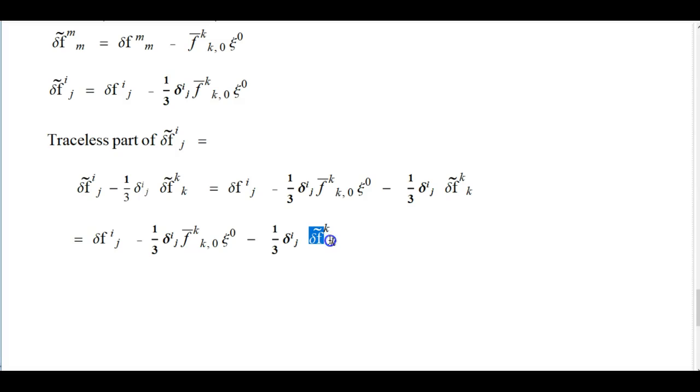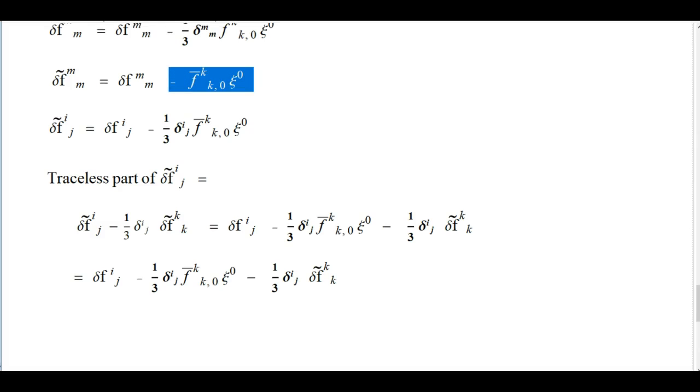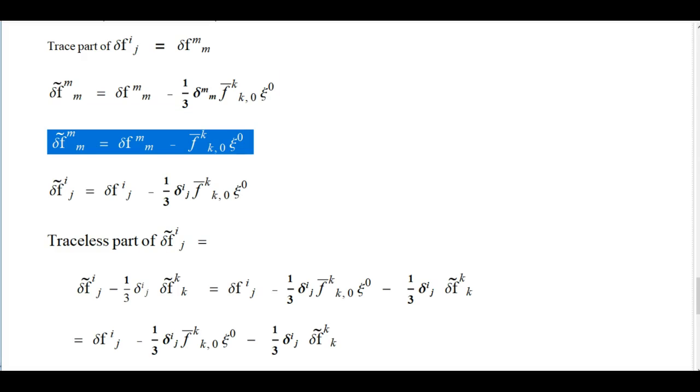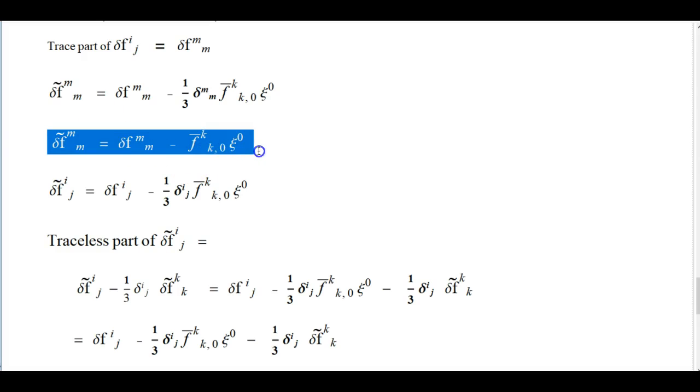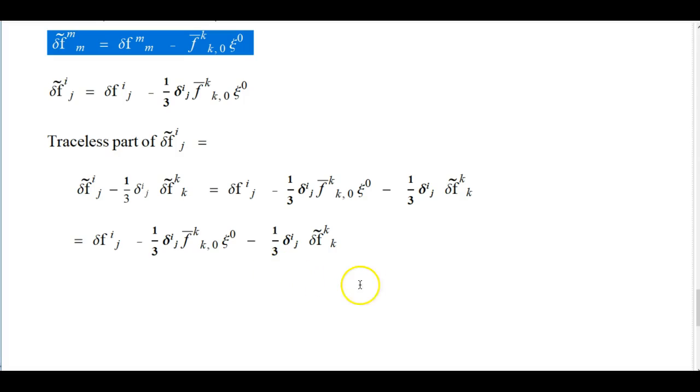So I need to put its value in gauge 1. In gauge 1, this is equal to this. It won't let me copy the right hand side, but no problem.